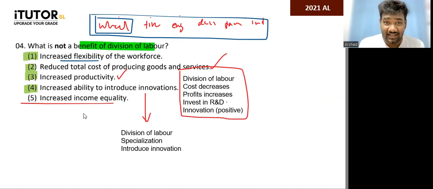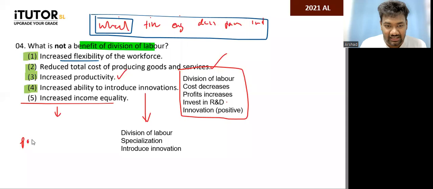I will also not expect all of you to get that right, because on the day of the exam, you can't be spending hours like this, guys. You will take 2 minutes. This is this. You will cut it off. So that is natural, guys. You will get a few, 1 or 2. So how do I get the 5th one? By cutting off all the others. So we can say because of division of labor, it doesn't really help with income equality. What is income equality?